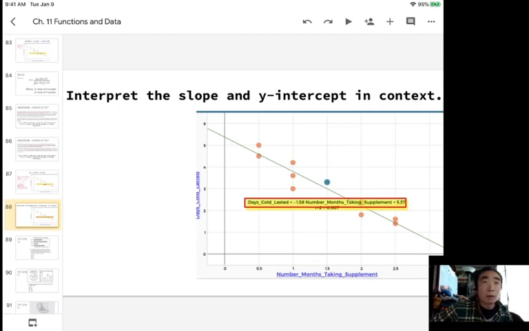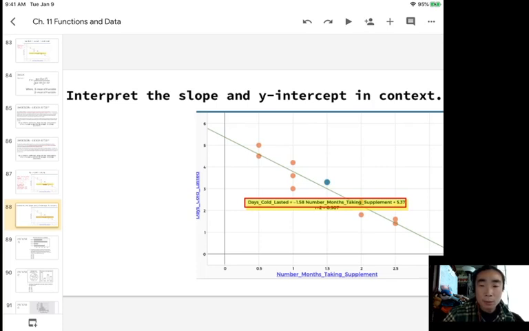And so this part, kind of a reminder, you can interpret the slope and the y-intercept in context. So in here, it's showing you if you take no supplements over here, right? If you take no supplements, then you are expected to get sick with whatever it is for 5 point something days, maybe like 5.2 days.